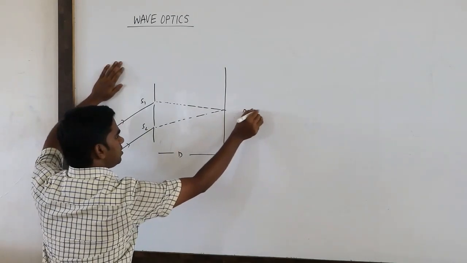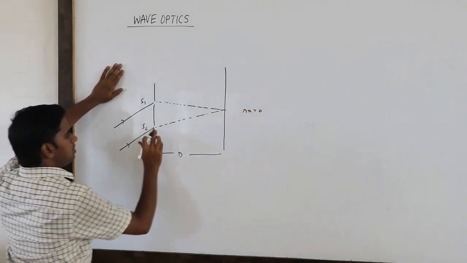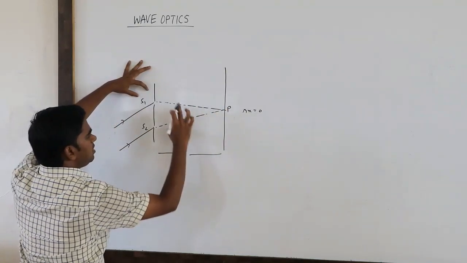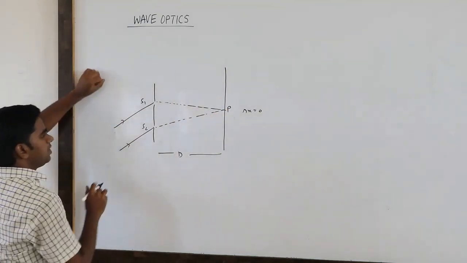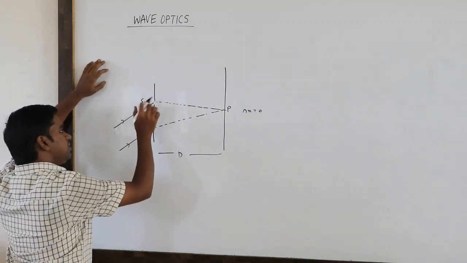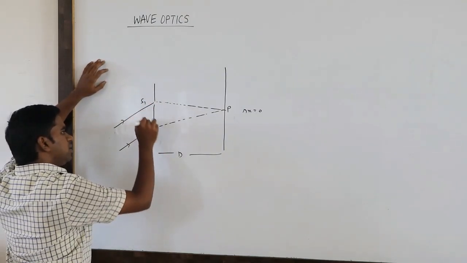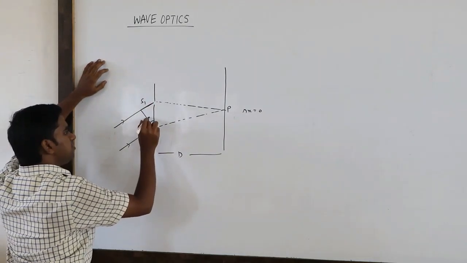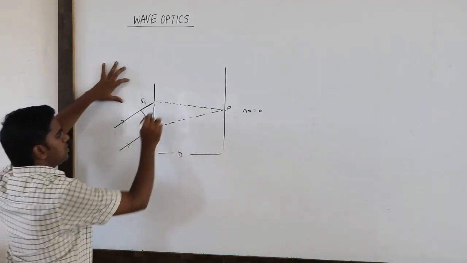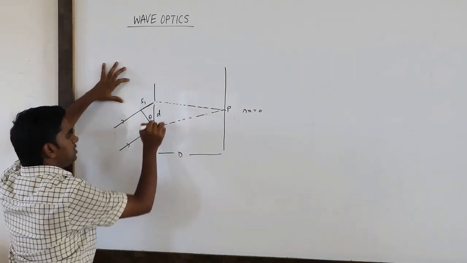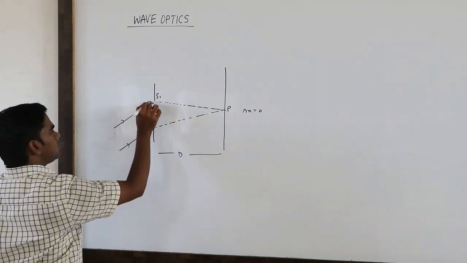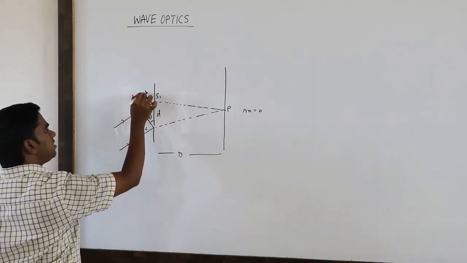Can you get delta x equal to 0? You cannot get it, because the distances from here to here, S2p and here S1p, are the same, but extra distance is traveled by this ray, that is the first ray. If you take the normal, this much extra distance has been traveled. If you take this as theta, and this is d, the distance between the slits, what is the extra distance traveled? This is d sine theta.